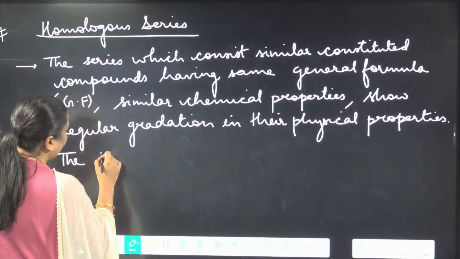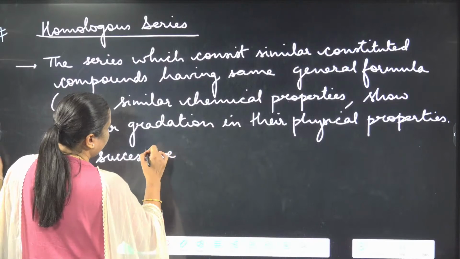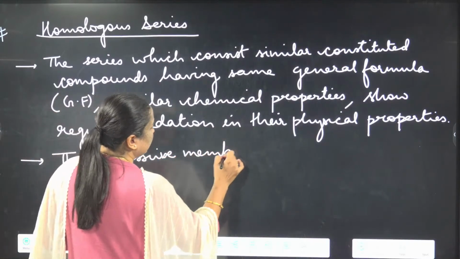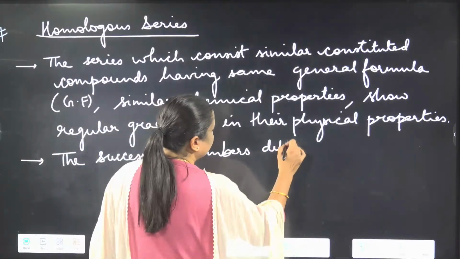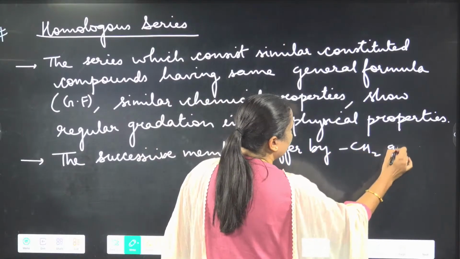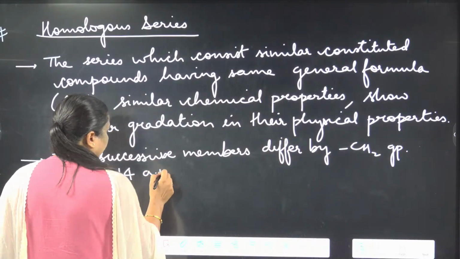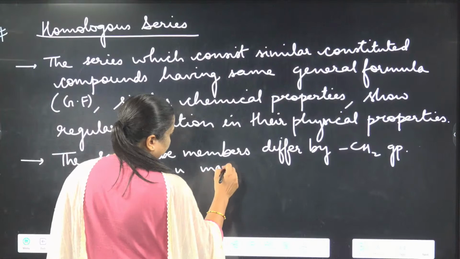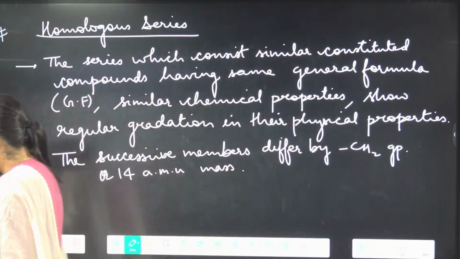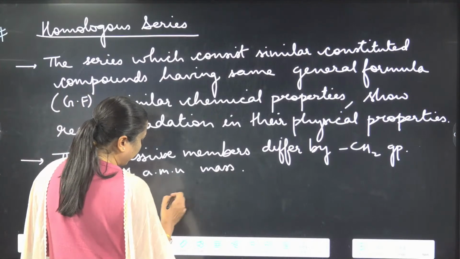The consecutive or successive members differ by CH2 group or 14 AMU mass. Right? So first finish writing this, and for certain homologous series we are going to write down the formula.